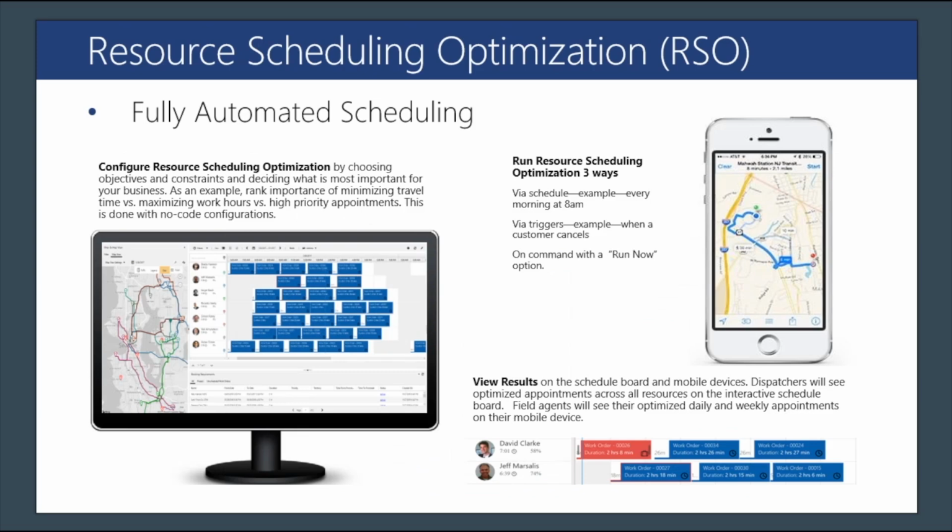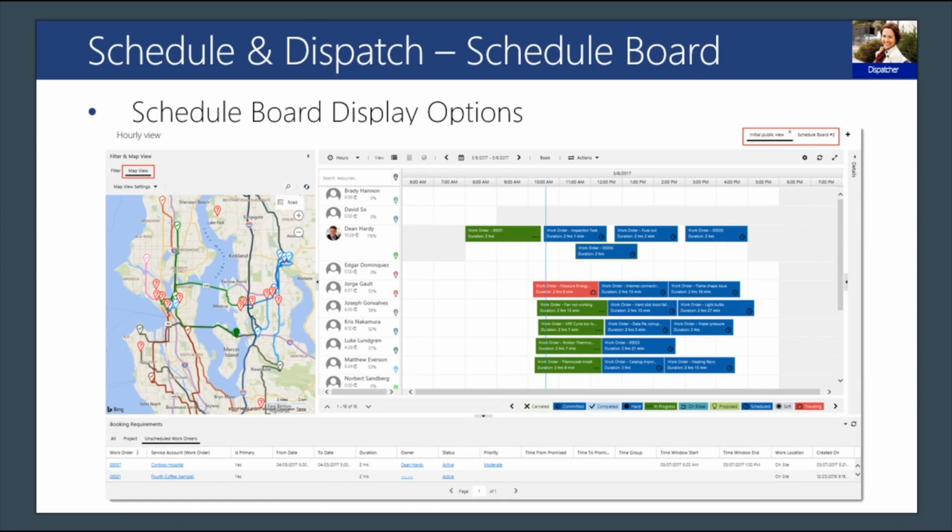Now let's talk about the fully automated option that we have. So for organizations that have large volumes of work orders and resources, along with many scheduling constraints, Microsoft offers this Resource Scheduling Optimization, or RSO for short, app.